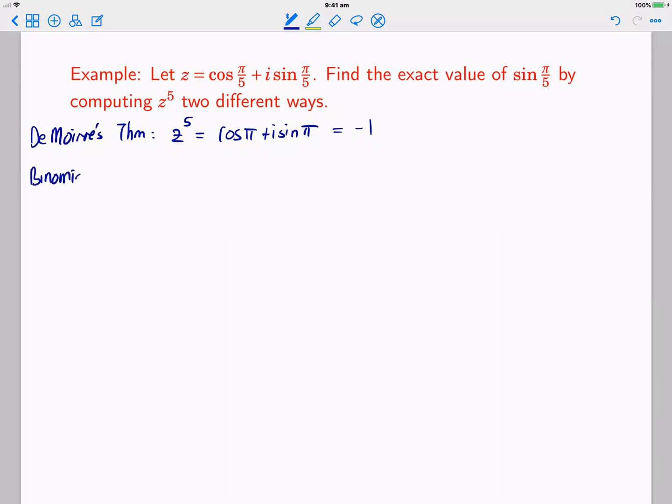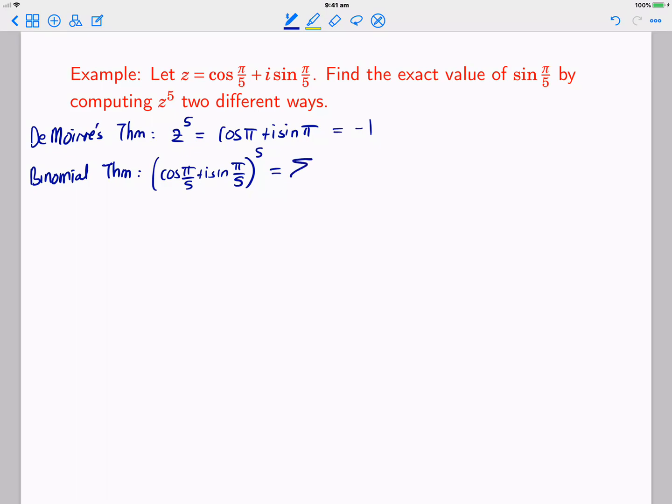If I use the binomial theorem, then I have cos pi on 5 plus i sine pi on 5, to the power of 5. If you're not familiar with the binomial theorem, don't worry about it too much. It's not really the focus of this video. I'll just write out what you would get if you apply the binomial theorem.